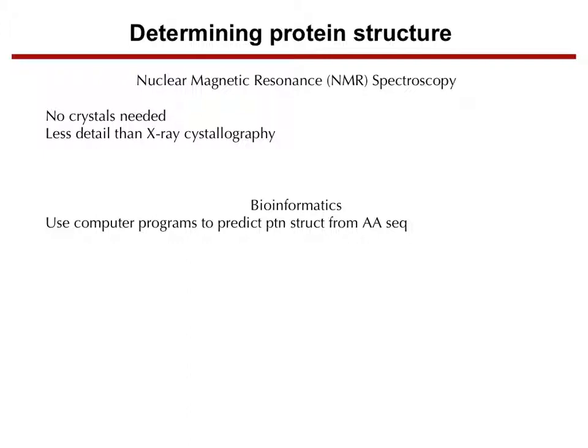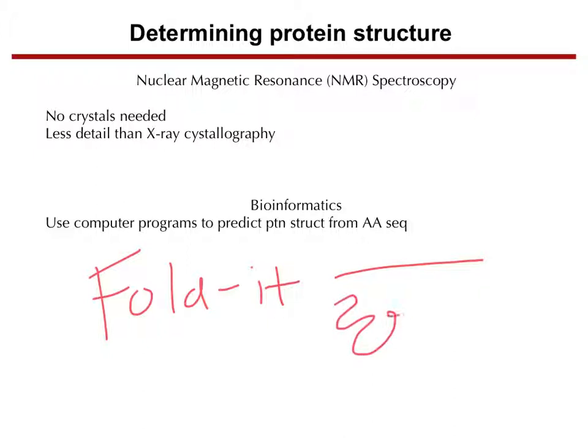There's also this interesting phenomenon going on right now with a program called Foldit. You might have heard of it. It's basically designed like a computer game, and it's available to regular people. You can get it online. It's a challenge for you to take a protein or polypeptide sequence and, using certain rules, figure out the most likely way it would fold.